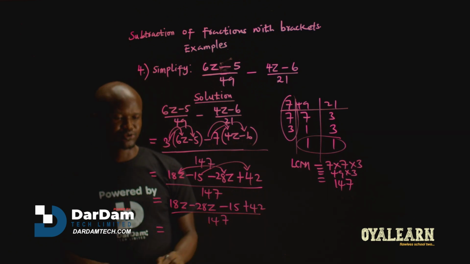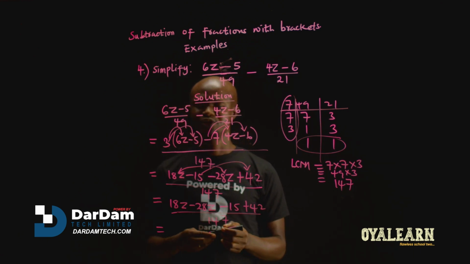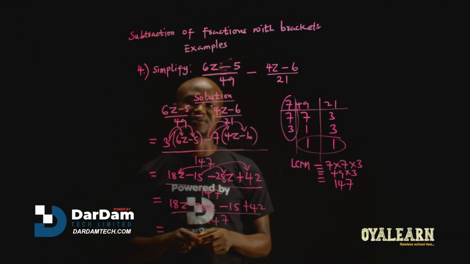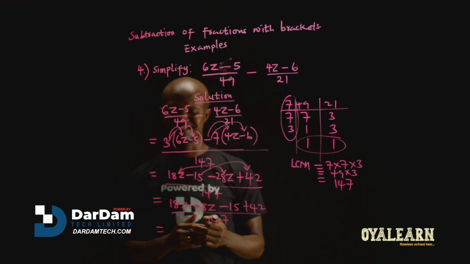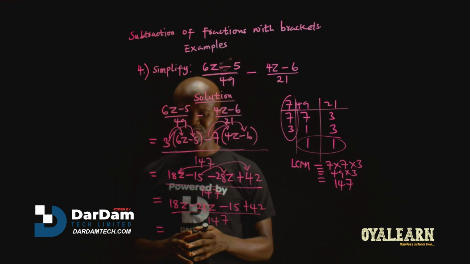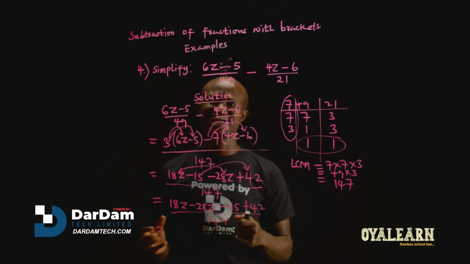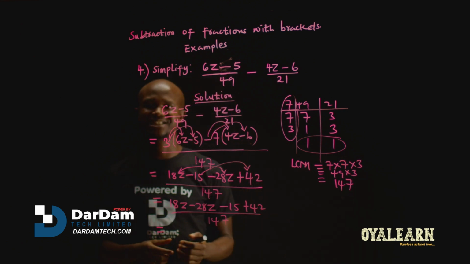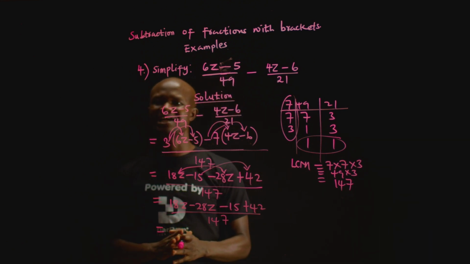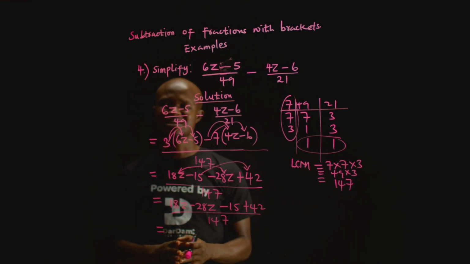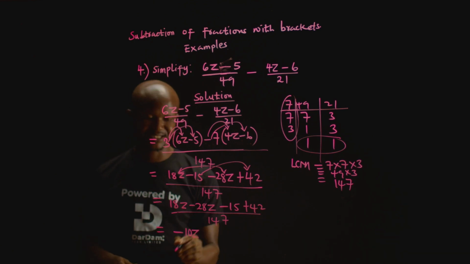This will be equal to 18z minus 28z. You are taking away a bigger number from a smaller number. Normally, 28 minus 18 will give us 10. Now, 18 minus 28 will give us minus 10. So 18z minus 28z gives us minus 10z.